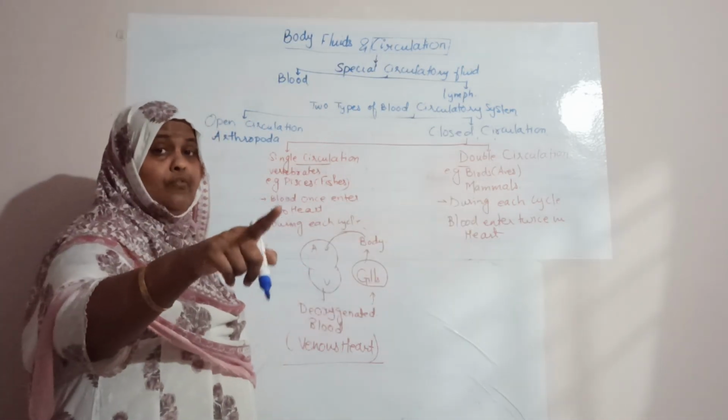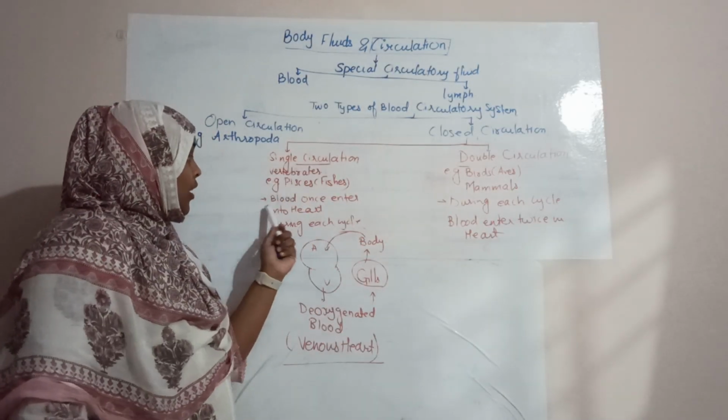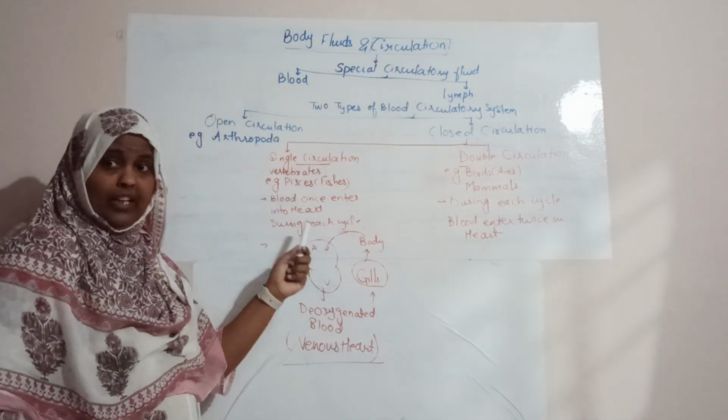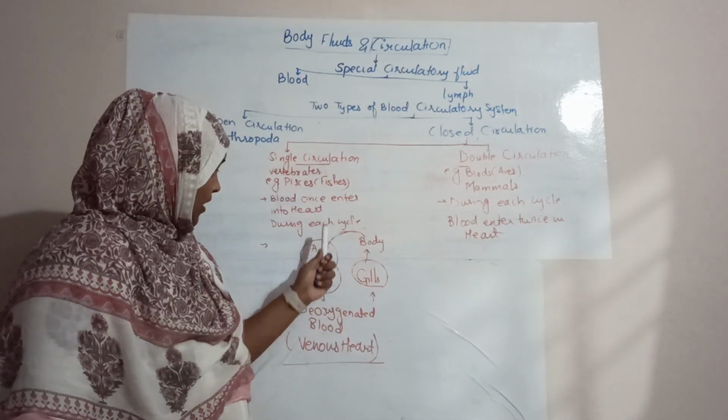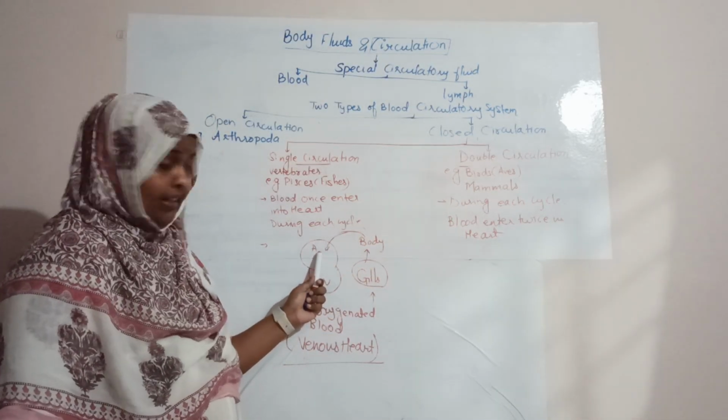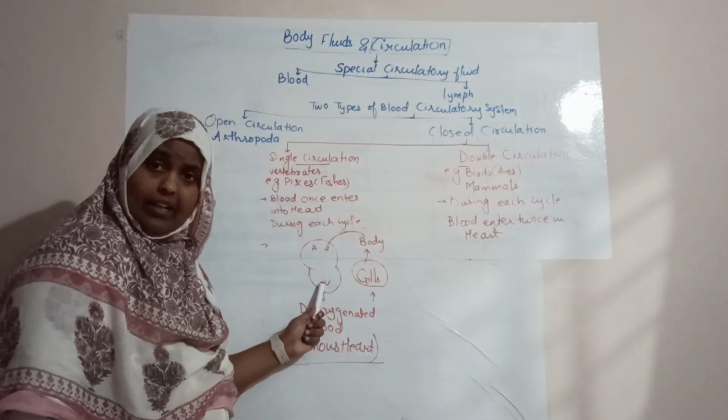Single circulation means blood enters the heart once during each cycle. For example, the body gives deoxygenated blood which enters the auricle, then the ventricle.